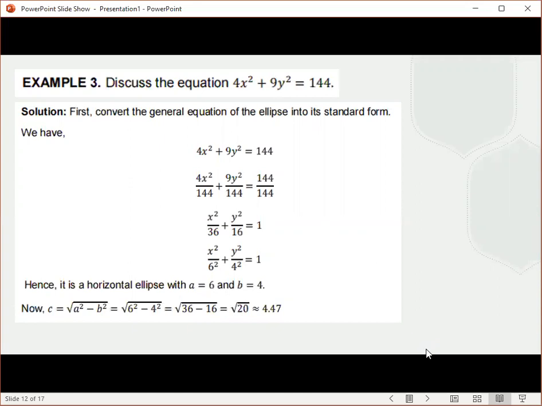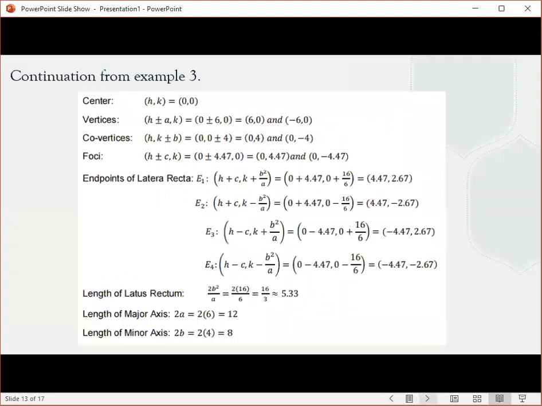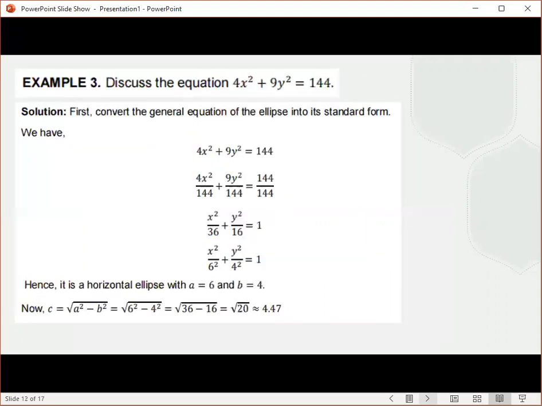Okay, very good. The center is at the origin because this is just simply x squared and y squared, meaning the value of H is equal to 0 and the value of K is equal to 0, giving you the center at the origin. So as you can see here, again, what is the type of ellipse?